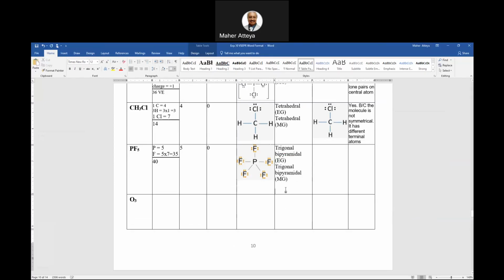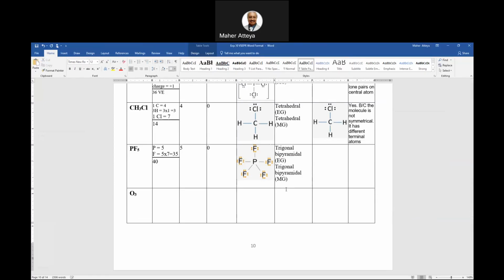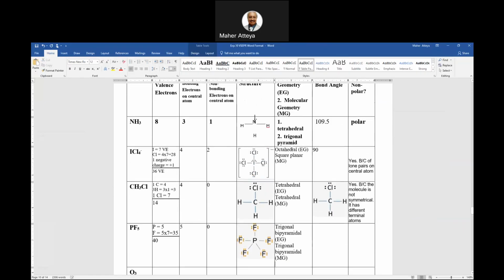Here we did not do the angle. Let's take this one out. So this one here, if you look at this, this is tetrahedral, correct? The tetrahedral is 109 degrees.